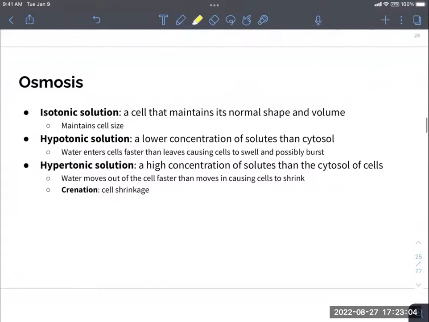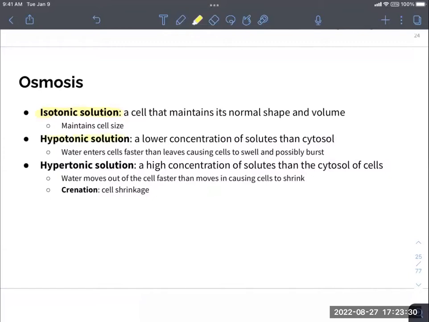This is where we start looking at isotonic, hypotonic, and hypertonic solutions. We try to maintain an isotonic environment in our body. When we have an isotonic environment, cells maintain their normal shape, size, and volume. We keep our normal cell size.